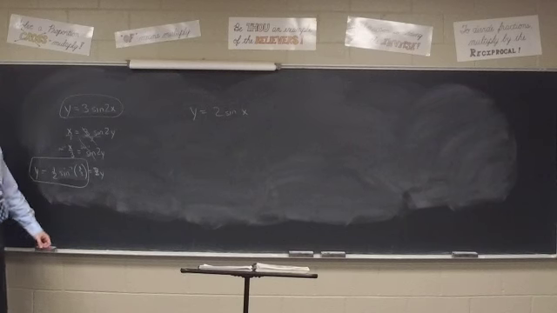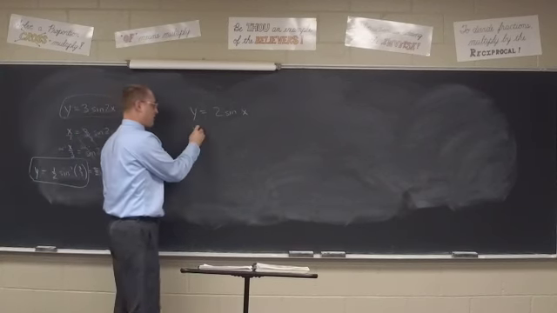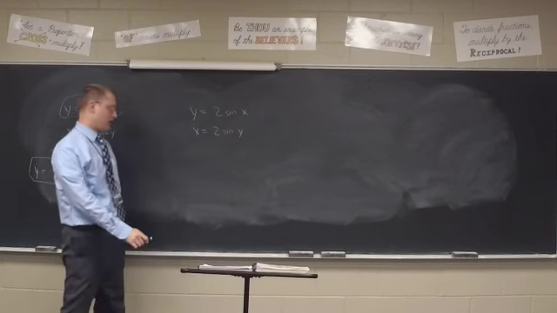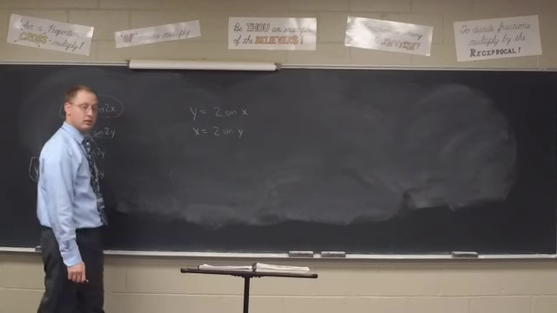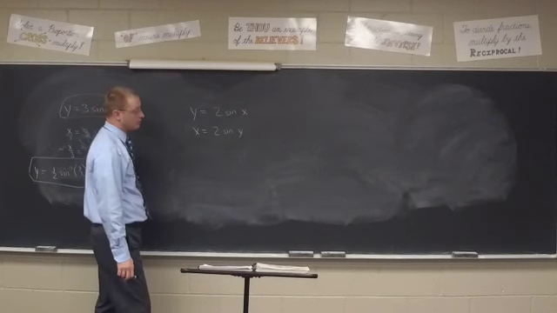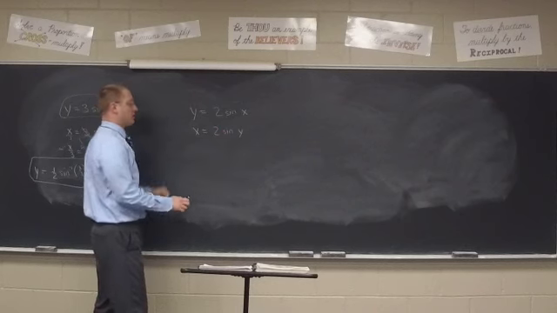If we want the inverse equation, what's the first thing we got to do, class? Switch the x and y. What's always the first thing we do to find an inverse, class? Switch the x and y. All right. Next thing we ought to do here, Jamie. Do we go ahead and divide the 2 away? Good. The 2 is less attached than the sine is, so let's get rid of the 2.